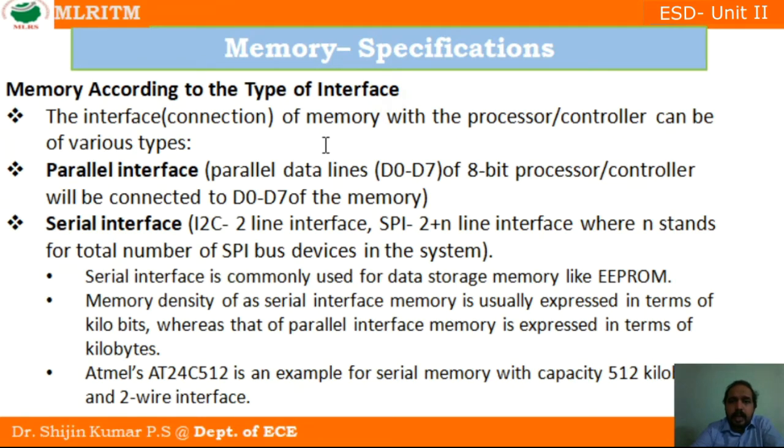The AT24C512 is an example of serial memory with a capacity of 512 kilobits, and it has a 2-wire interface. So this is memory according to the type of interface, and the two types of interfaces are parallel interface and serial interface.